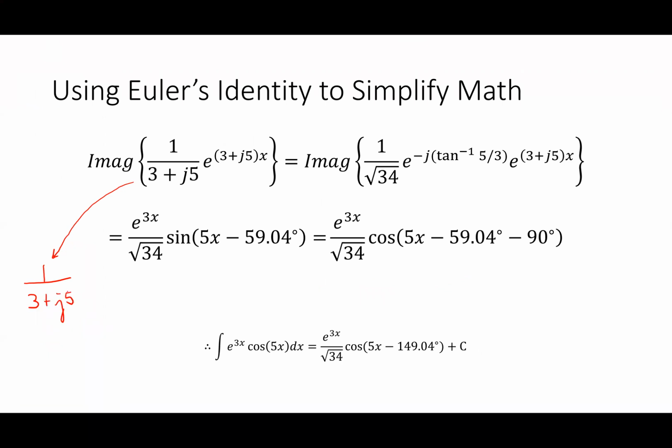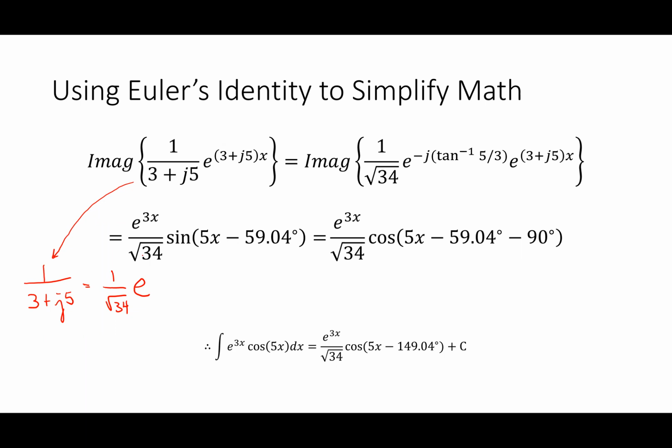To me, I could say that that is a complex number with that magnitude. So how did I get that magnitude right there? 3 squared plus 5 squared, square rooted.